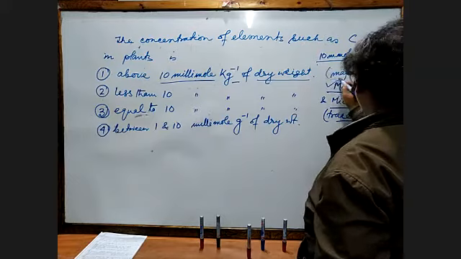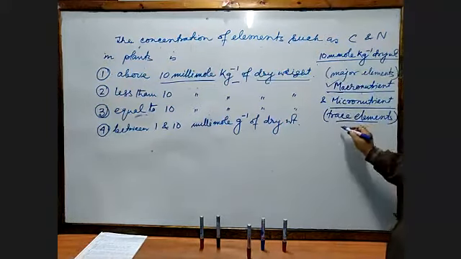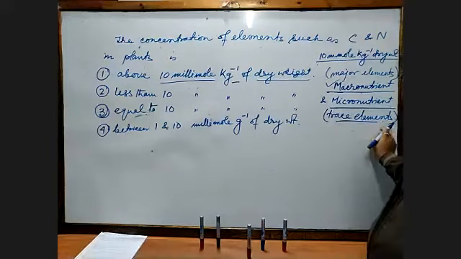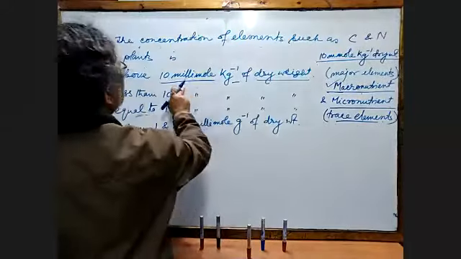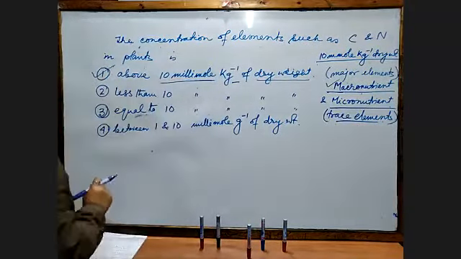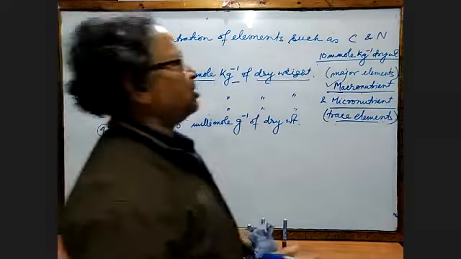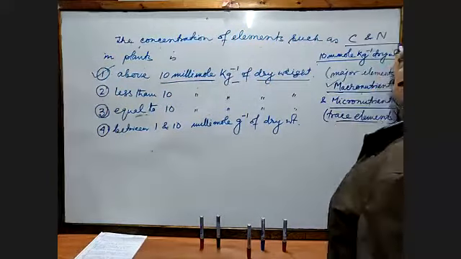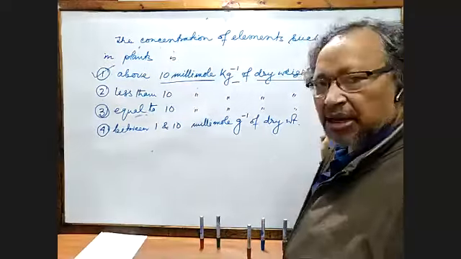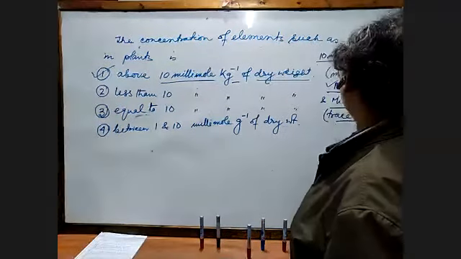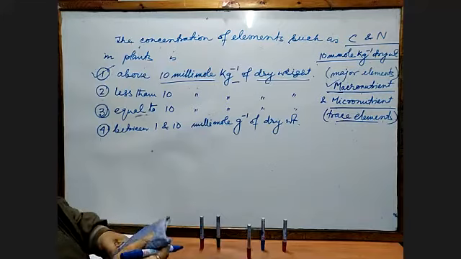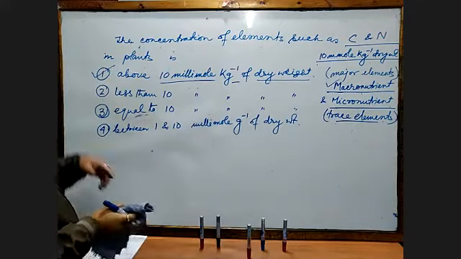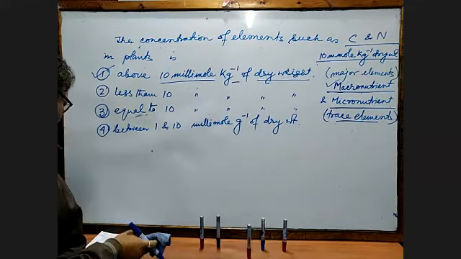Okay, and micronutrients are the trace elements or minor elements. So number 1 is correct, above 10 millimoles, because carbon and nitrogen, these 2 elements, are actually major elements. So their presence in the plant body is very high. Okay, so this is the one.